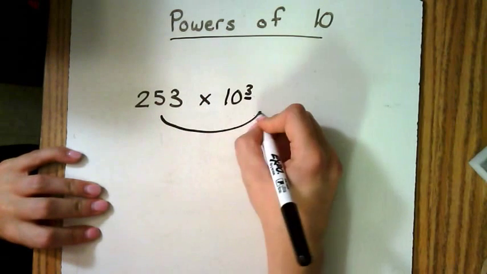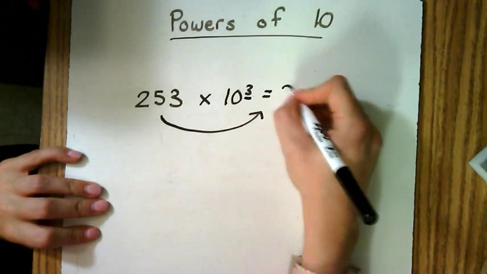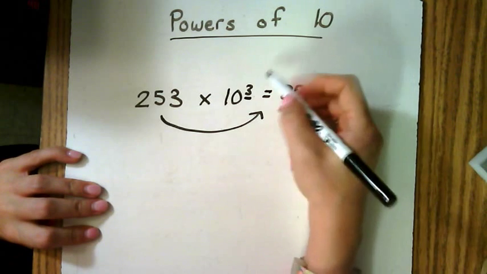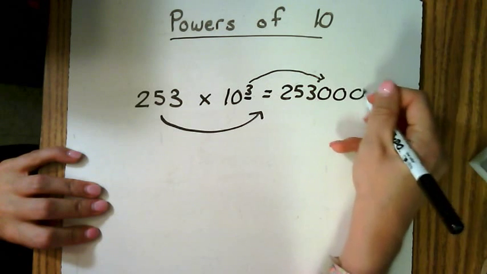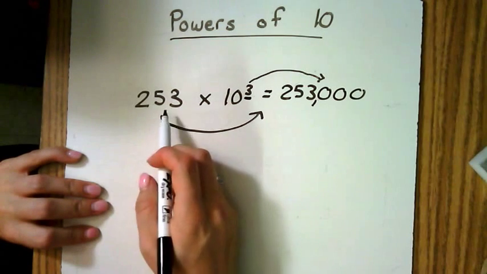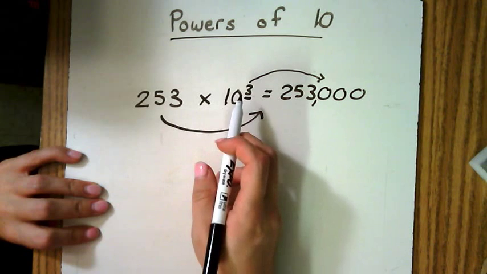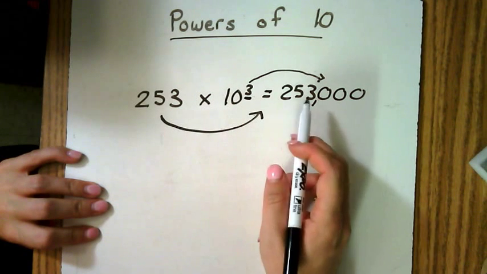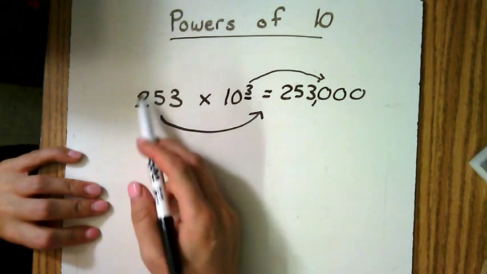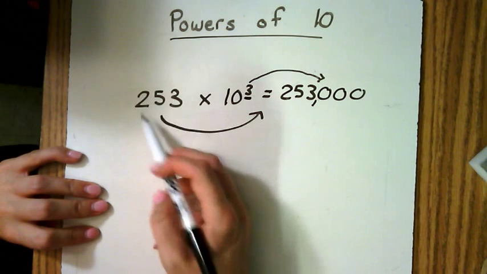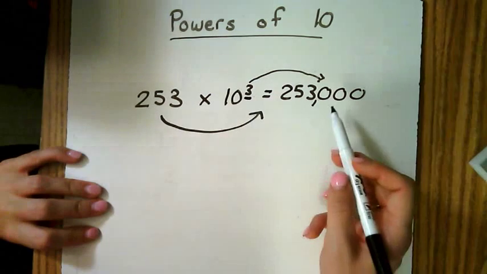So all we do is bring over our number, 253, and then we add on those 3 zeros. 1, 2, 3. And so we see that 253 times 10 to the third equals 253,000. All we did was increase the value of 253 3 times.